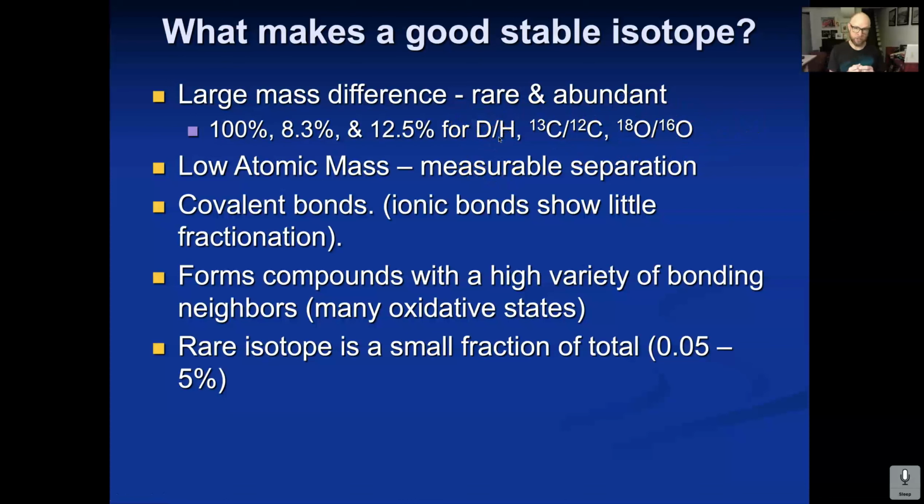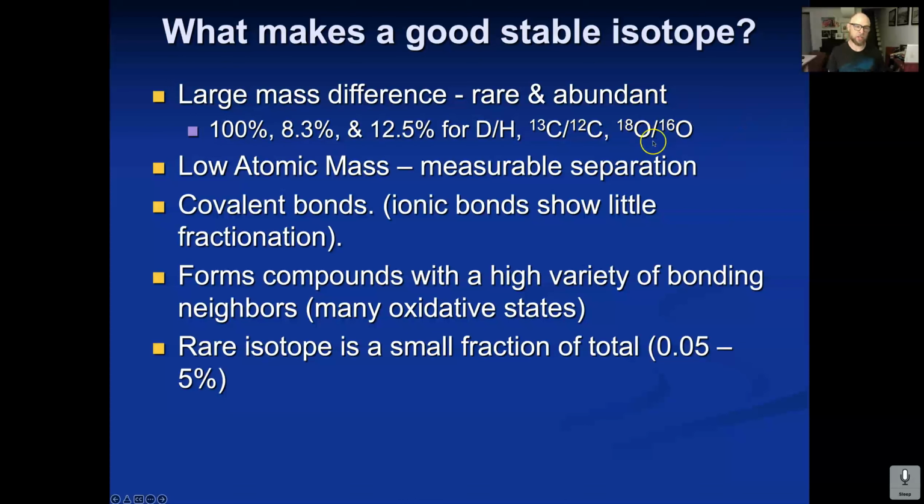Hydrogen's stable isotope is deuterium, which weighs twice as much. That's a huge mass difference, so the differences in reactions between deuterium and hydrogen are really large. That's a useful isotope because we can easily pick up differences. The difference in mass between carbon-13 and carbon-12 is about 8%. That's pretty good still, but not as great as deuterium.